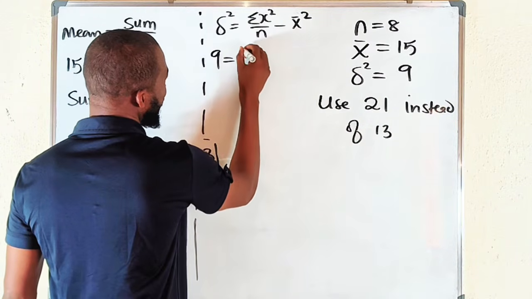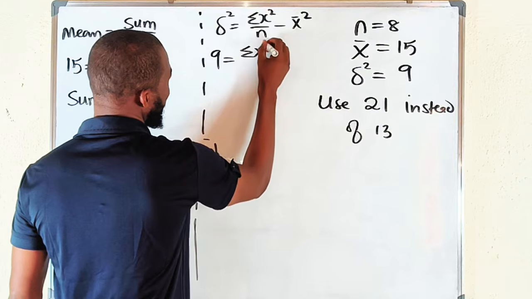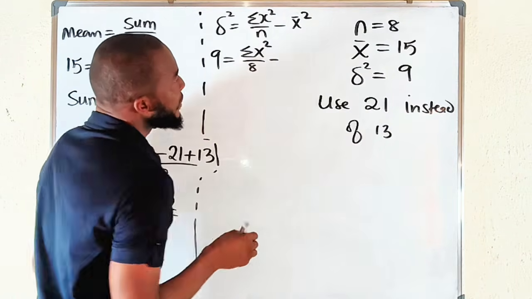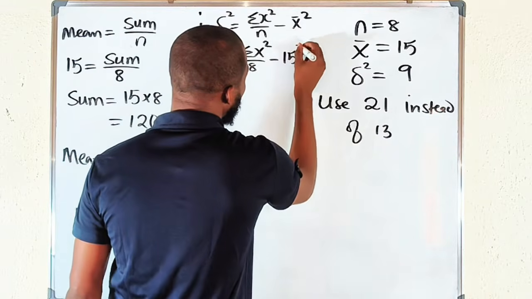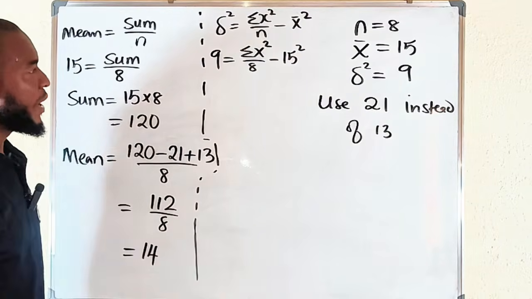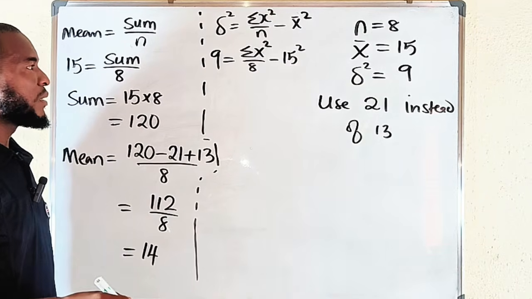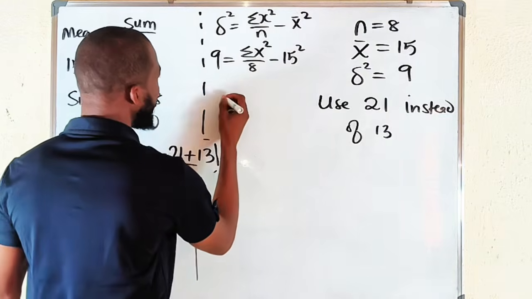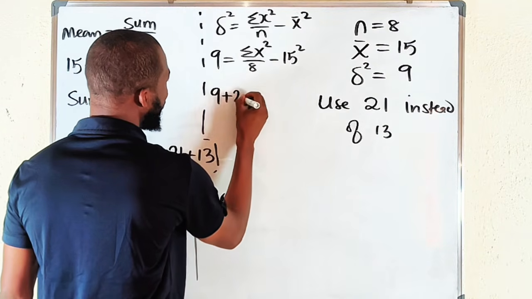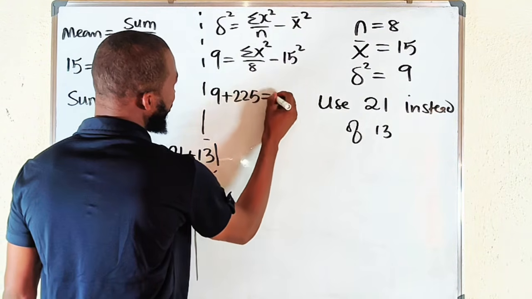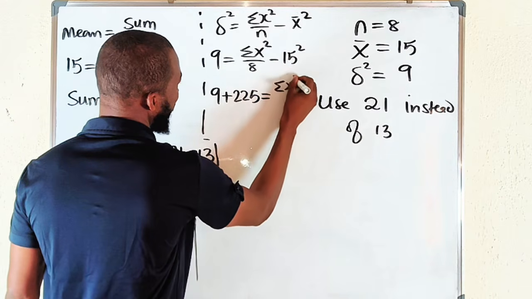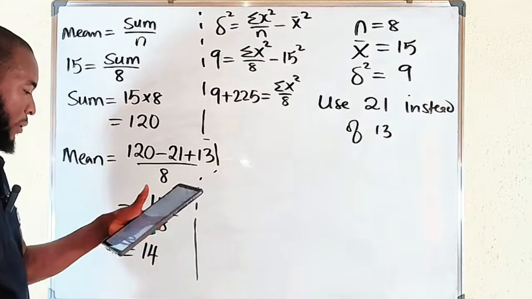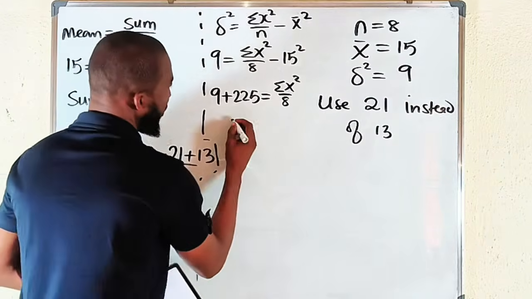And this is equal to the summation of all the x's squared divided by 8 minus the mean squared, which is 15 squared. All right, 15 squared is 225, right? It is negative, bring it back here. So you have 9 plus 225 equal to the summation of x's squared divided by 8. This is equal to 234, right?